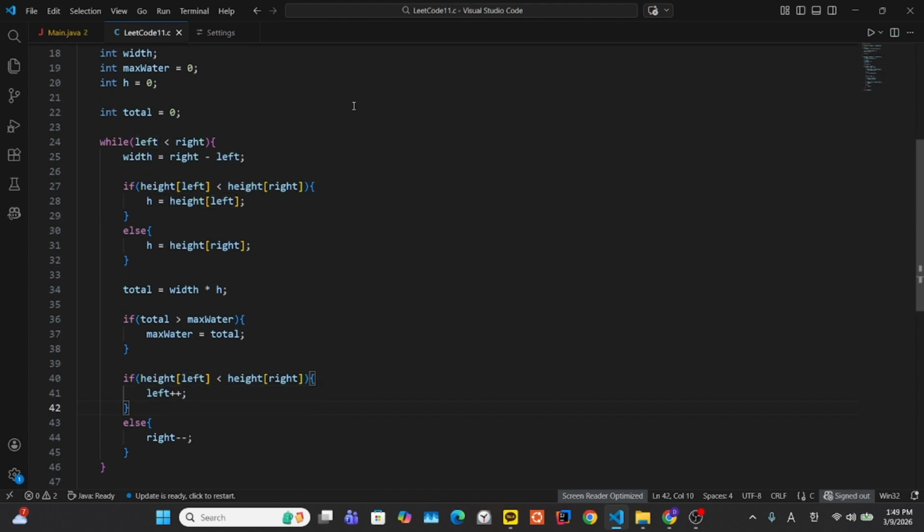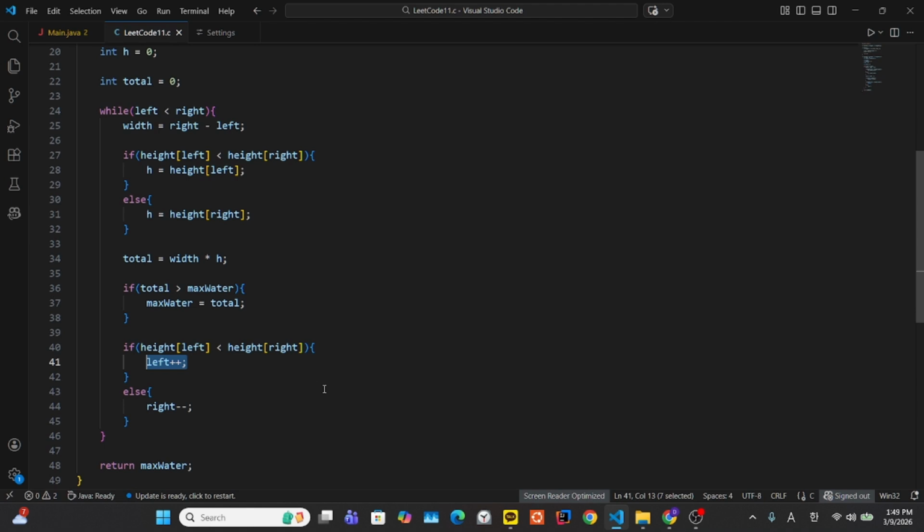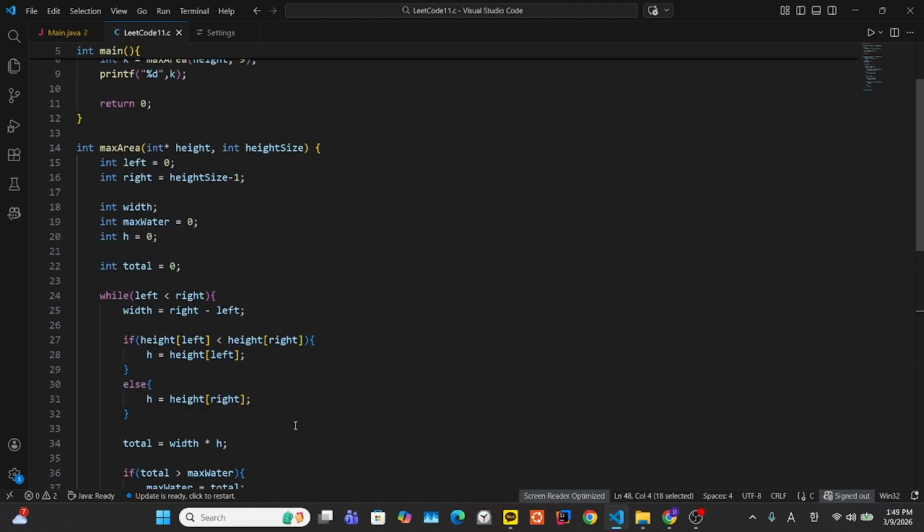And these are the pointers that are going to move. If you look closely at the if statement, you'll see that we're going to try to move the smaller value, as we said before, because moving the smaller value affects the total area. And we're gonna obviously return max water.